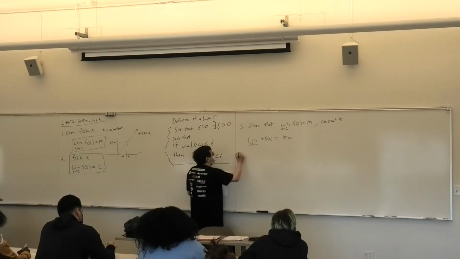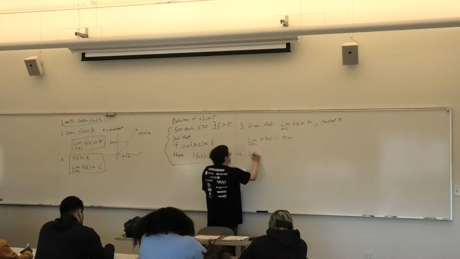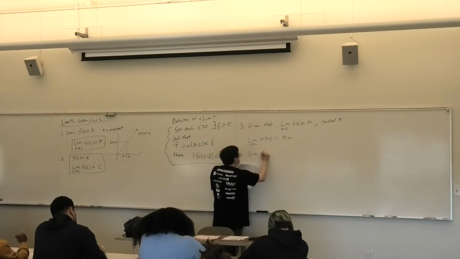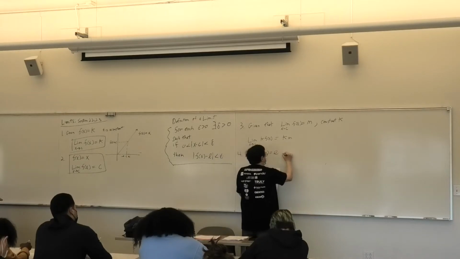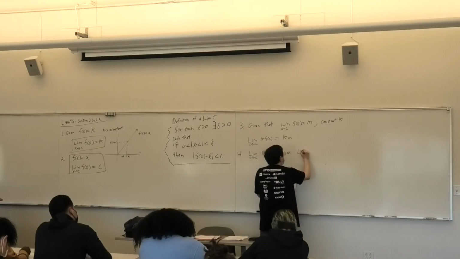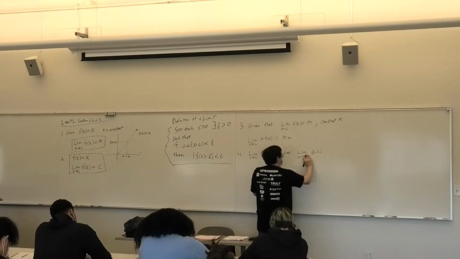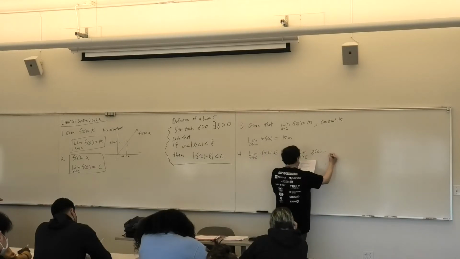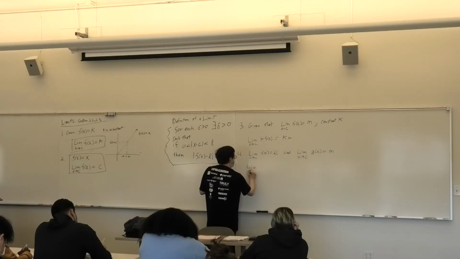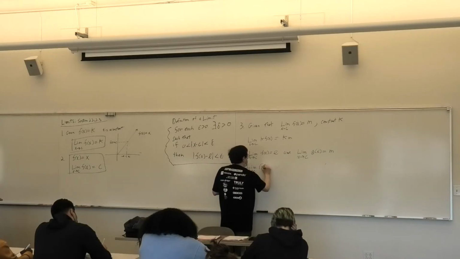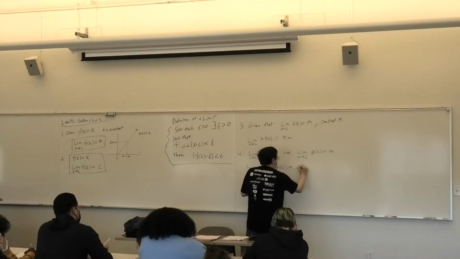All right. Now we're actually getting to something that's going to start to look practical. We have the limit of f of x as x approaches c equal to L, and now we have two functions, the limit as x approaches c of g of x equals m. We have that the limit as x approaches c of f of x plus g of x is going to equal L plus m.